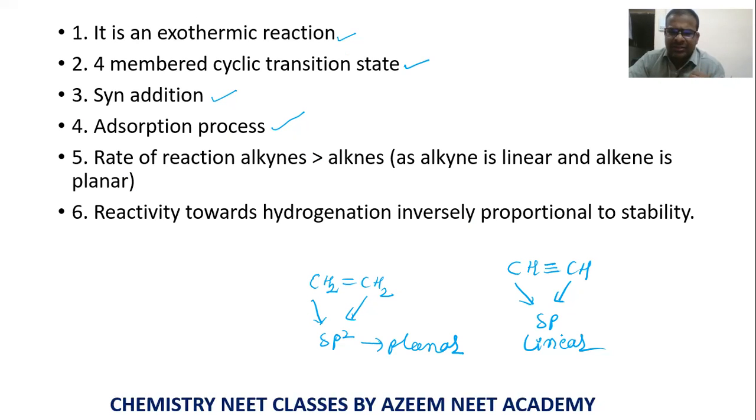Now reactivity towards hydrogenation is inversely proportional to stability. If you take any alkene, whichever alkene is less stable, its heat of hydrogenation will be high. Whichever alkene is more stable, its heat of hydrogenation will be least.